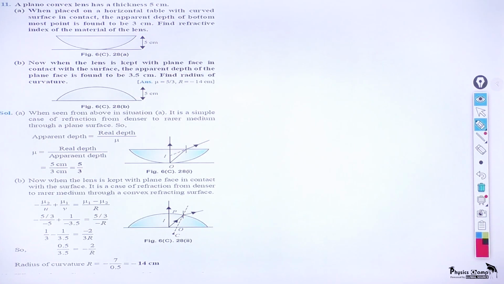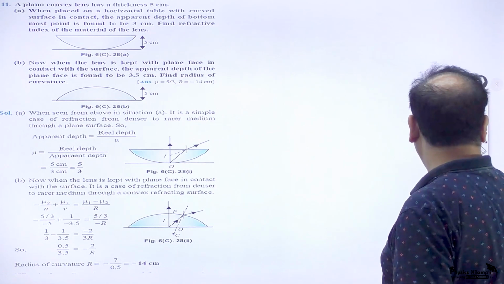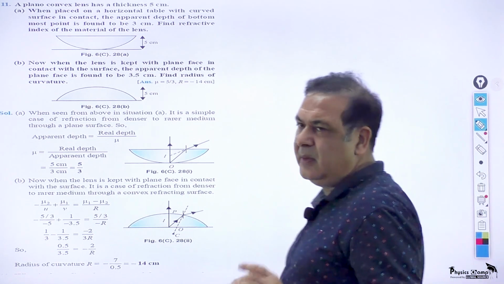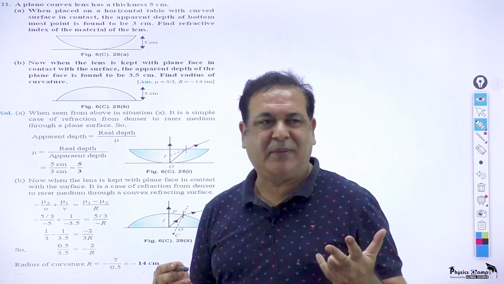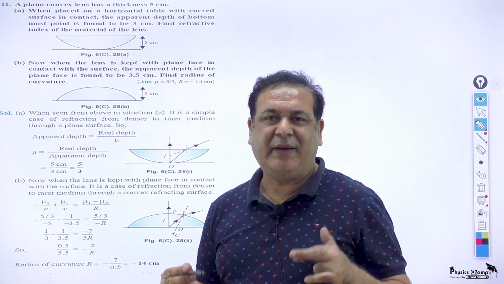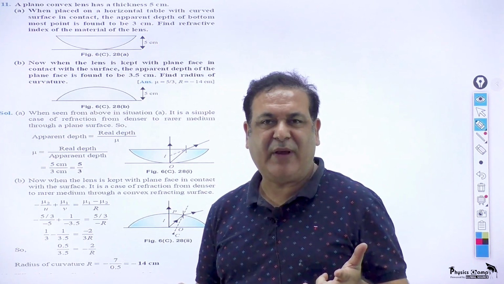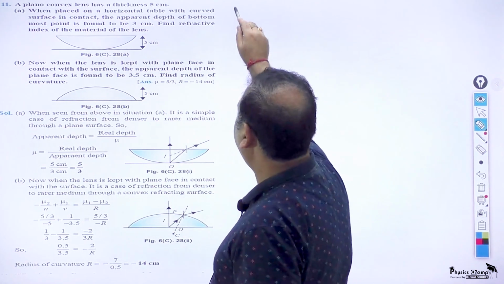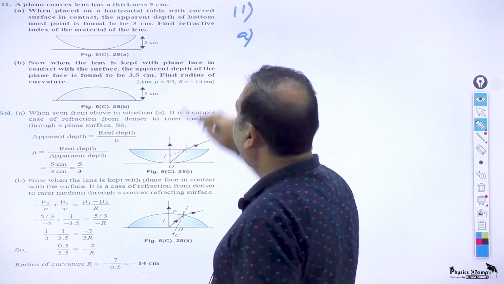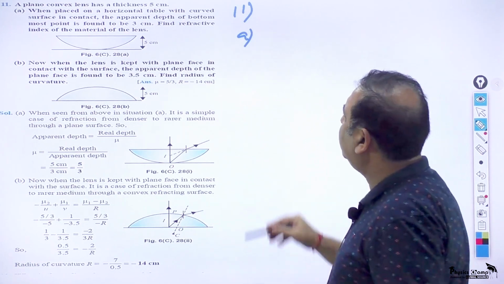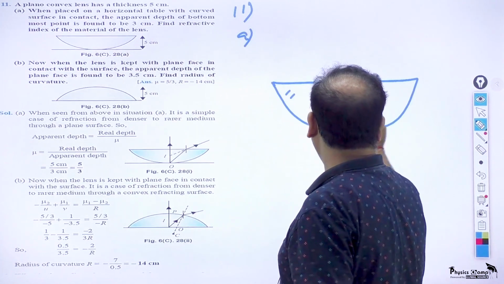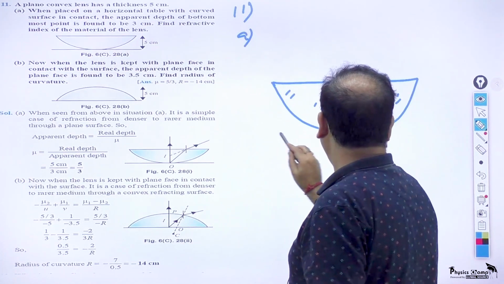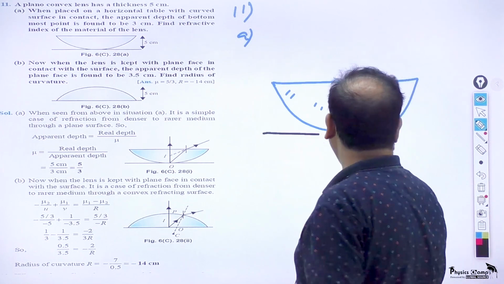Now we take this example number 11, which is a good question, and it checks two of your concepts together: real and apparent depth, as well as convex refracting surface. In part A, it is told you have a plano-convex lens of thickness 5 centimeter.